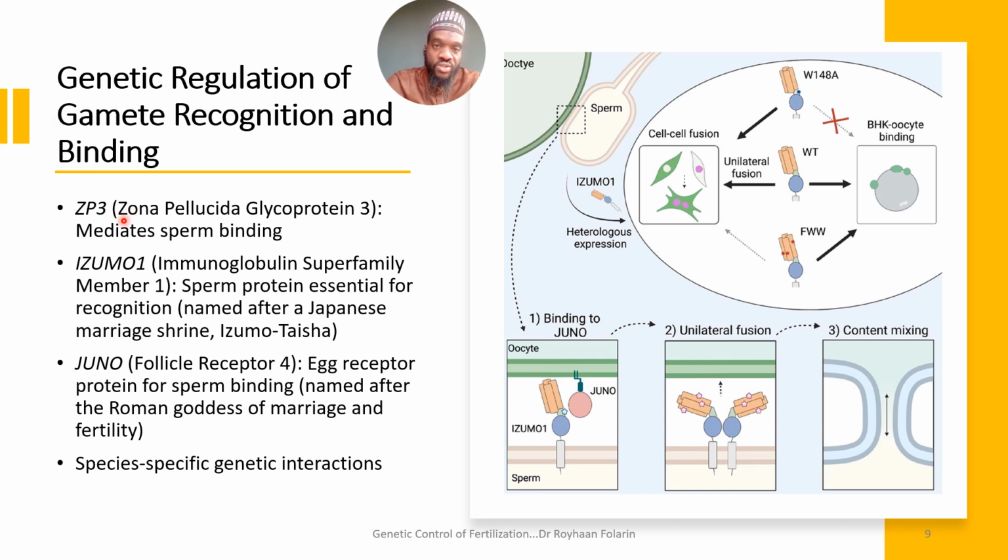So the Izumo gene produces the Izumo protein, which is located on the surface of the sperm, playing a critical role in sperm-egg recognition. Similarly, the ZP3 gene encodes the ZP3 protein, which is a glycoprotein that binds to the sperm. So that is clarified, I hope. To avoid confusion, you need to know these apart: the gene and protein, and the kind of interplay.